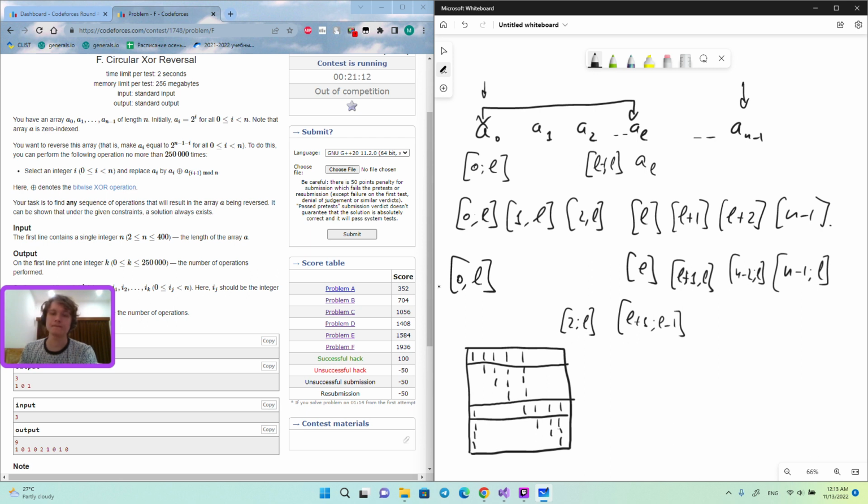Okay, now both of them have ones, and actually I can now, what can I do?